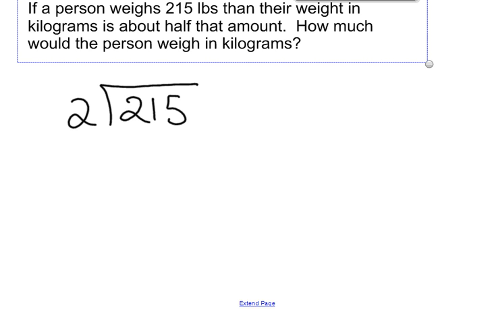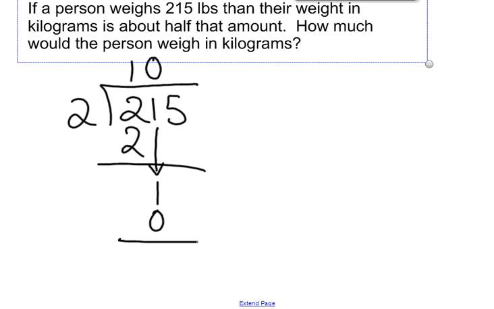2 goes into 2 one time. 1 times 2 is 2. Subtract, we get 0. We're going to bring down the 1. Right. 2 goes into 1 0 times. 0 times 2 is 0. 1 comes down, and now our 5 comes down to get 15. 2 goes into 15 7 times.